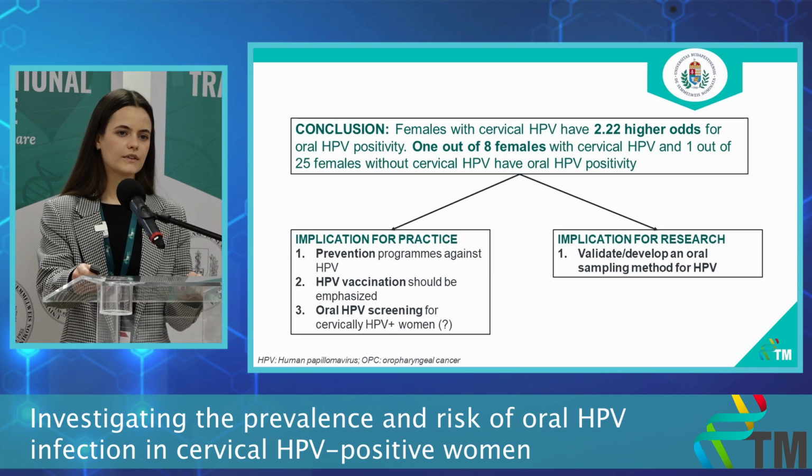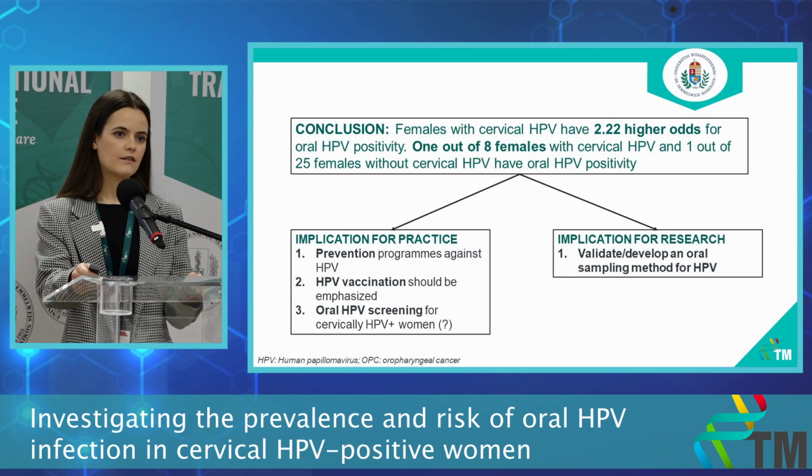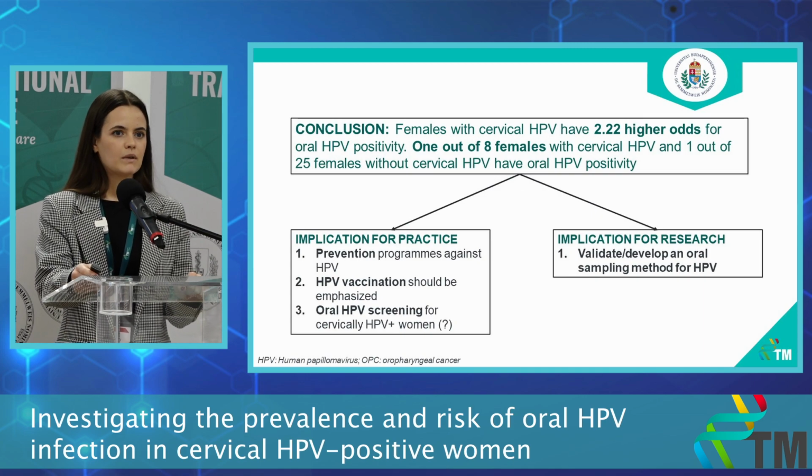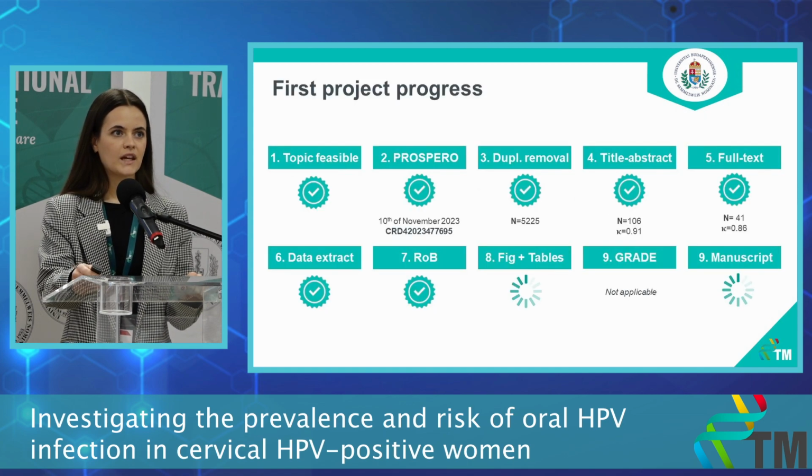Also, the oral protection of the HPV vaccination should be emphasized, and perhaps it would be advisable to also screen the oral cavity of the cervically positive women, and maybe it's time to develop a valid oral sampling method for HPV sampling.